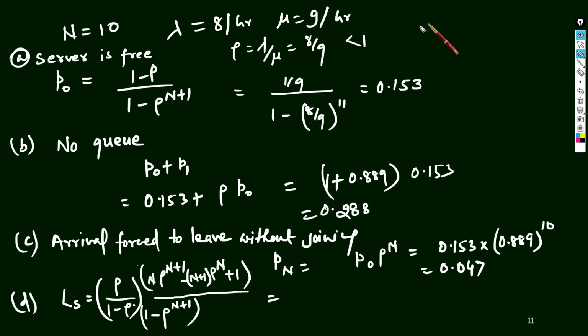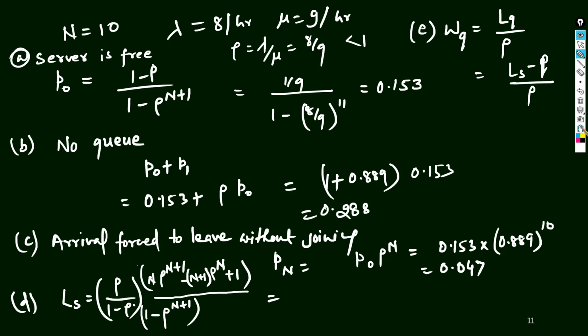Then E is the expected waiting time in the queue, that is WQ. So how much is that? That will be LQ divided by lambda, and that is LS minus rho divided by lambda.